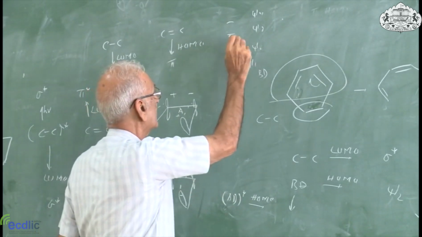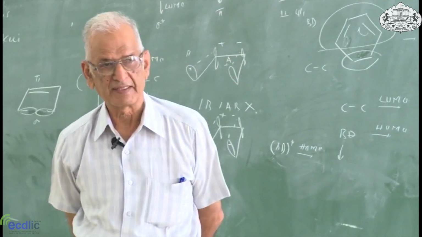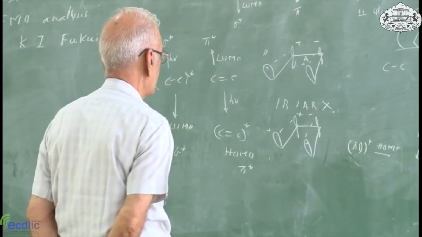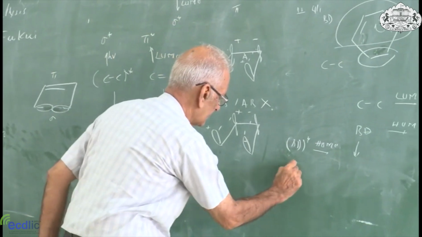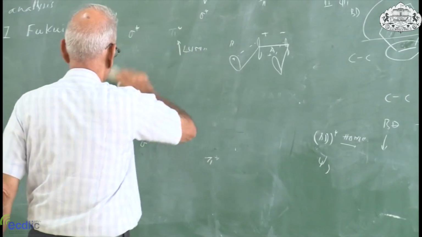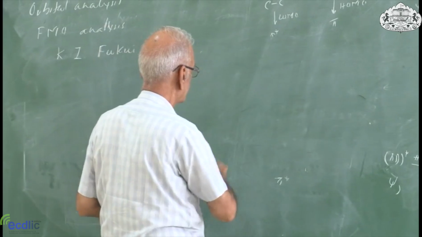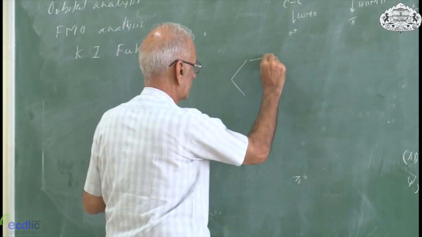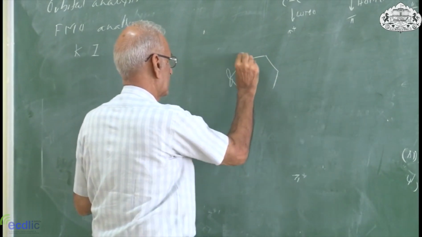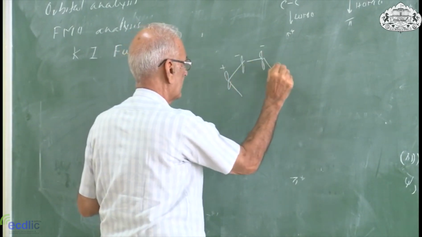When you excite it, one electron will go into Psi3. So the HOMO of the excited butadiene is Psi3. So your picture will involve Psi3. What is Psi3? Plus, minus, minus, plus.